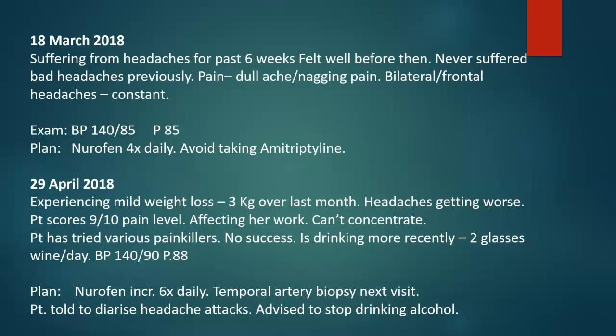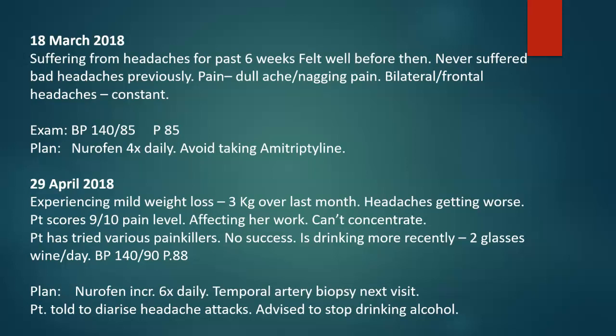18th of March, suffered from headaches past 6 weeks, felt well before then, never suffered bad headaches previously. She's got a dull ache, a nagging pain, it's bilateral frontal headaches, and they're constant. So she's going to start taking Nurofen 4 times a day. Now she's lost 3 kilos in the last month, this is 1 month later. Headaches are getting worse.